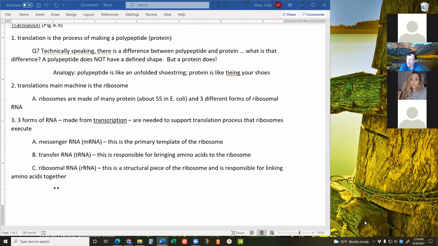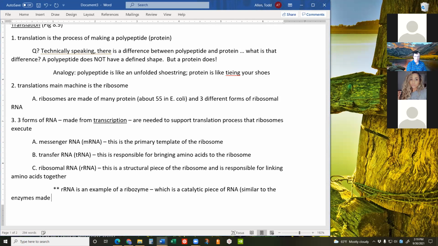And that exception are catalytic pieces of RNA, which are called ribozymes. Ribosomal RNA is an example of a ribozyme, which is a catalytic piece of RNA, similar to the enzymes made of protein.